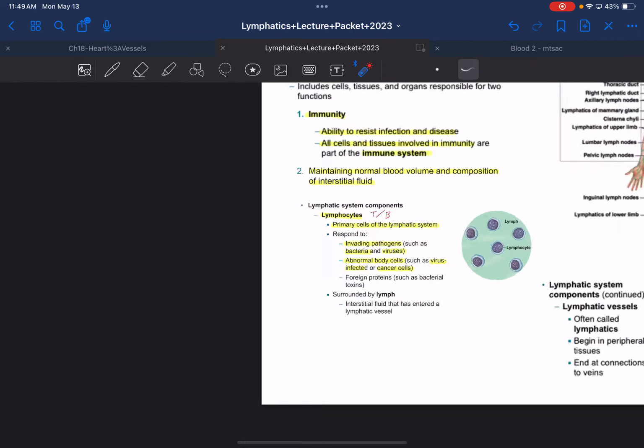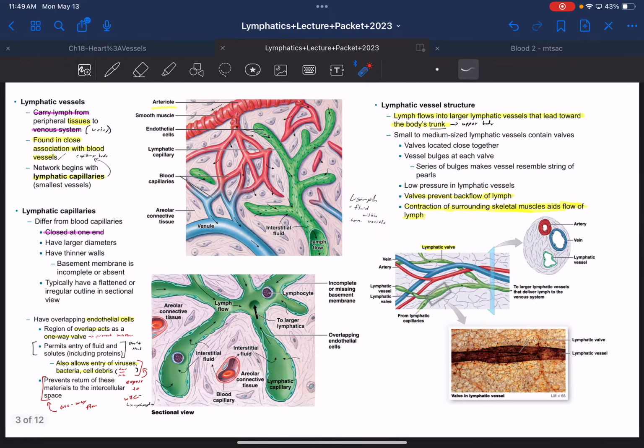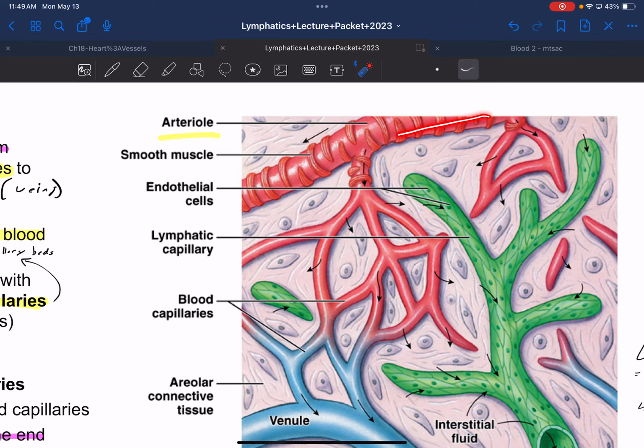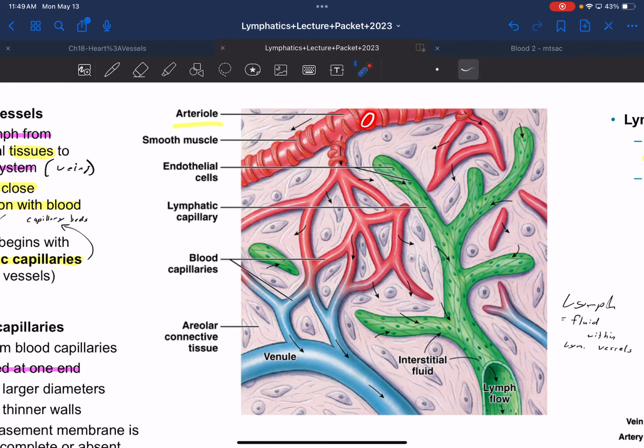For example, if we use this next picture on this page, you'll see something that looks very familiar. You'll see the capillaries and you'll see the venules. I think we're all pretty well acquainted now that blood cells go through the arterial system to arrive at the venous system, and they do so by traveling through these capillary beds.